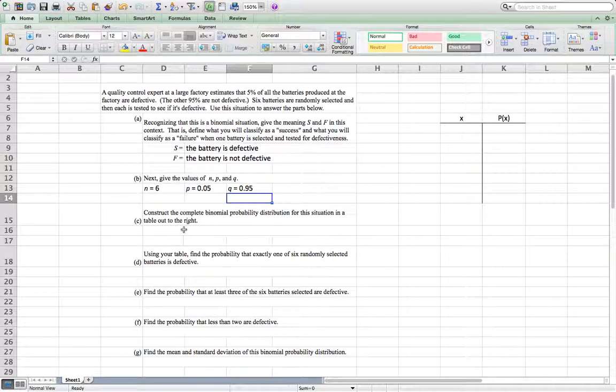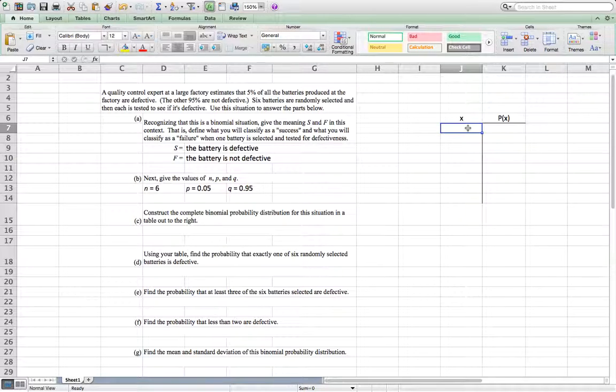C. Construct a complete binomial probability distribution for this situation in the table out to the right. So X is a random variable. X denotes the number of batteries that are defective.